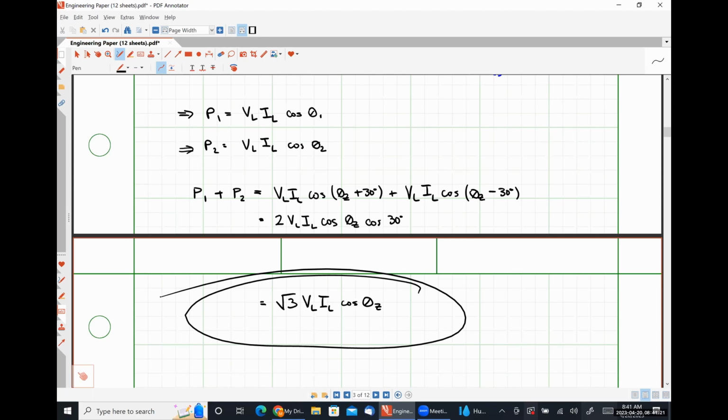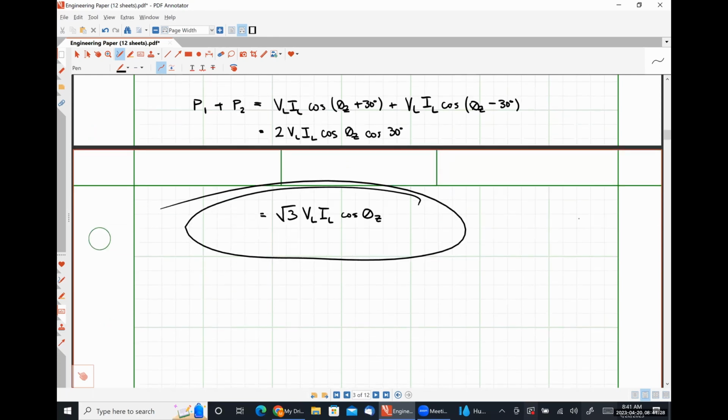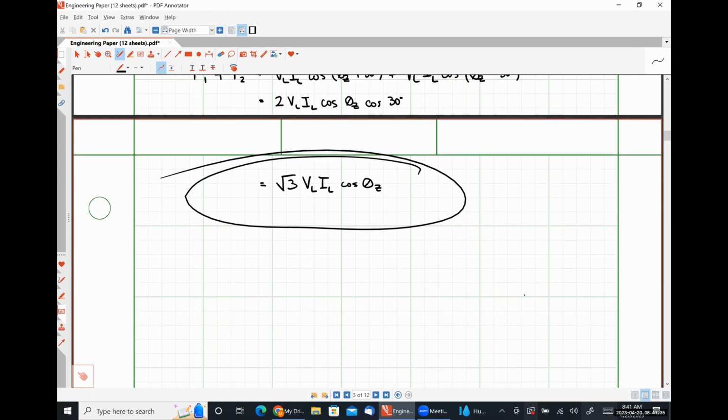And just for the fun of things here, if we take the ratio of P1 to P2, that's going to look like the cosine of 30 degrees plus the angle of our impedance. Actually, let me do it this way around.